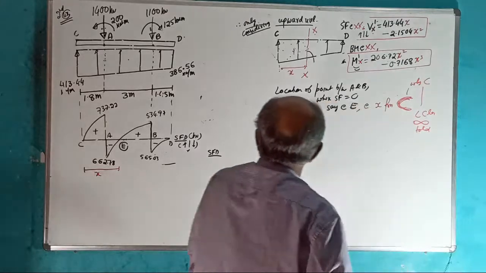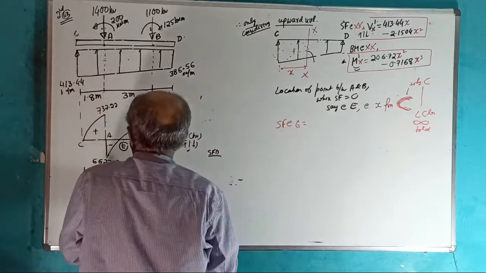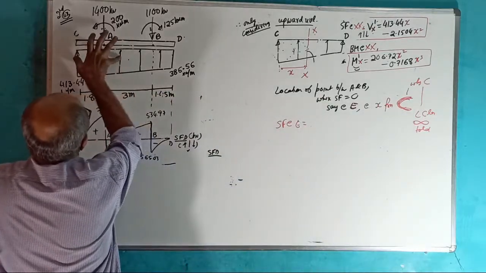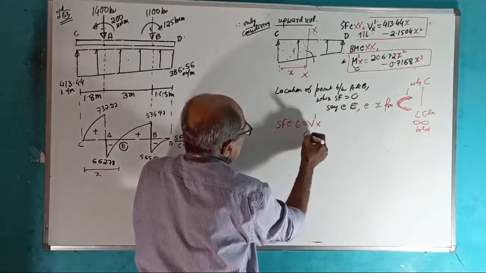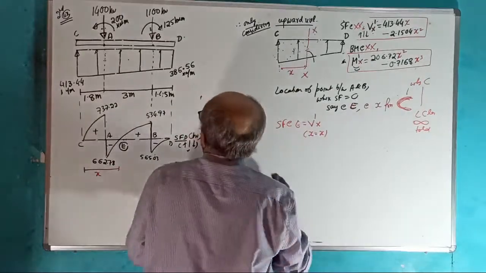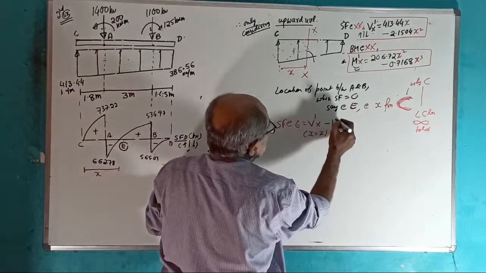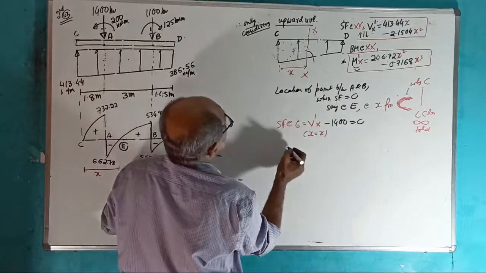Clear? Okay, start. Shear force at E equal to... at x from here, this is your V dash x for x equal to x only. Here, V dash x for x distance minus 1400 equal to 0. Now equate.